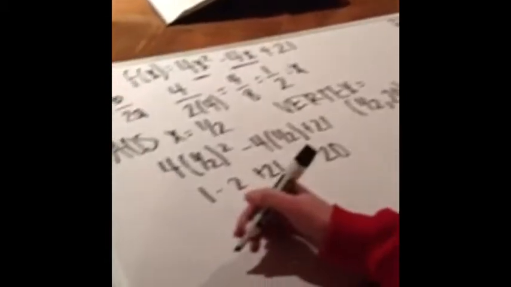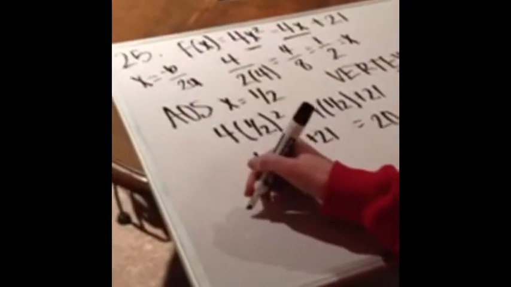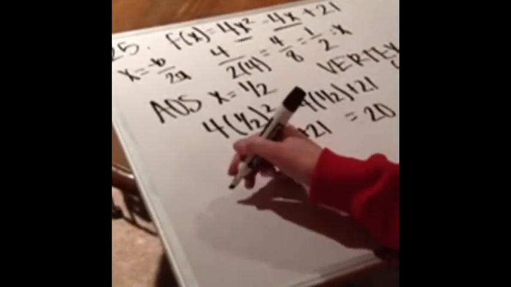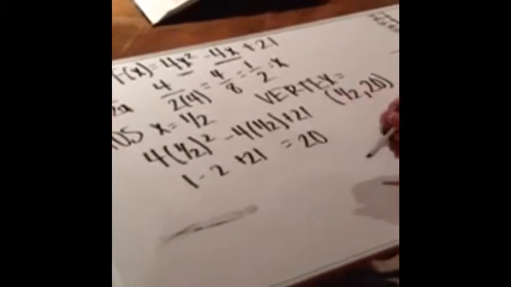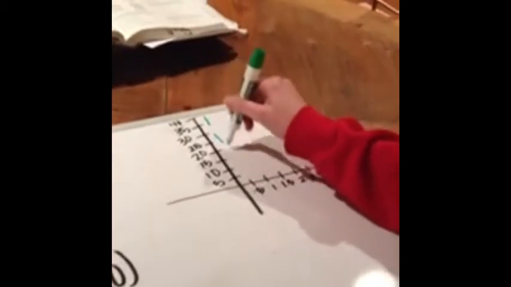Then, finding your x-intercepts for this equation is a little bit different. We don't have any x-intercepts because the vertex is at 1/2, 20, and the parabola is going up. So if you look at the graph, we would have the axis of symmetry running through 1/2.